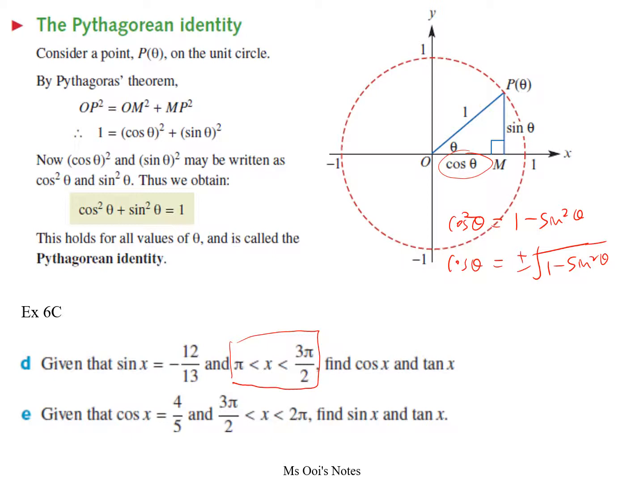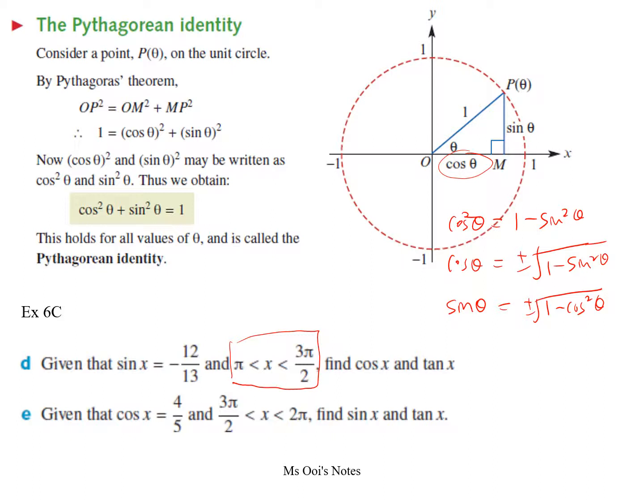Okay, and for sine theta, we can say that it is plus minus square root of 1 minus cos square theta.